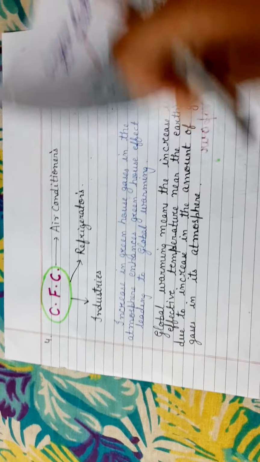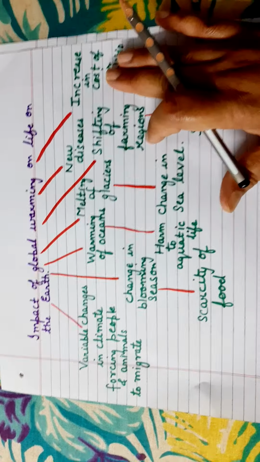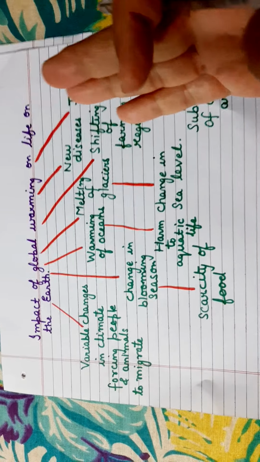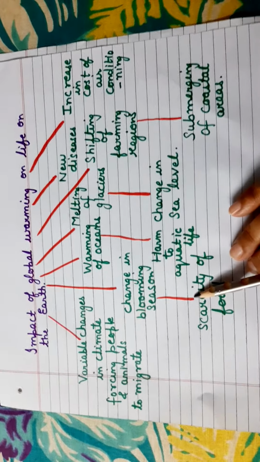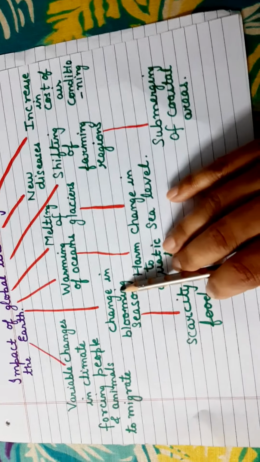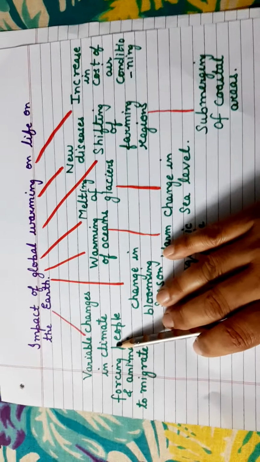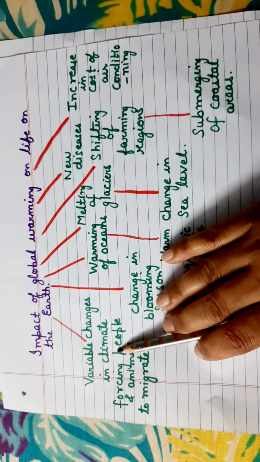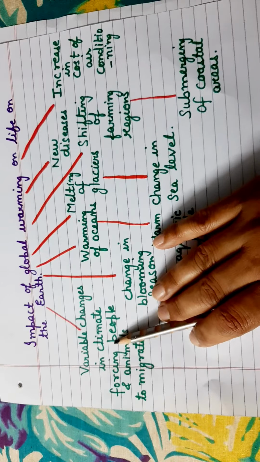Now let us look at the impact of global warming on life on this earth. I have prepared a flow chart kind of a thing. You can see I have listed some serious impacts. The first one: due to global warming or the greenhouse effect, there is a change in the climate.